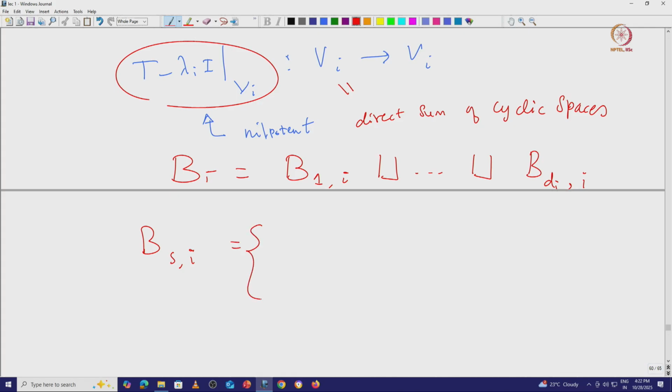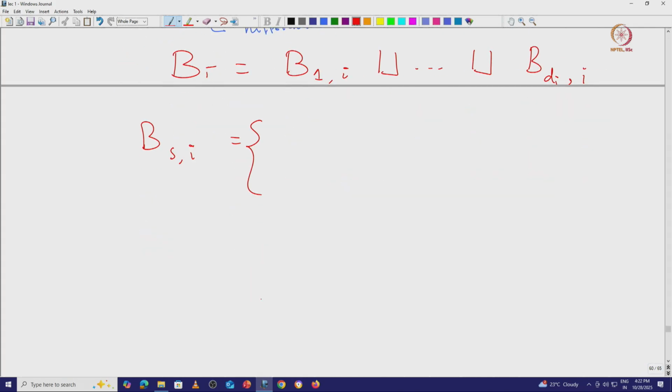So, this is given by the cyclic vector, let us say v_s^i. In particular, this is v_s^i, (T minus lambda_i) acting on v_s^i and so on. So, let us say the dimension of that space is k_s^i. So, then this is (T minus lambda_i)^(k_s^i) v_s^i.